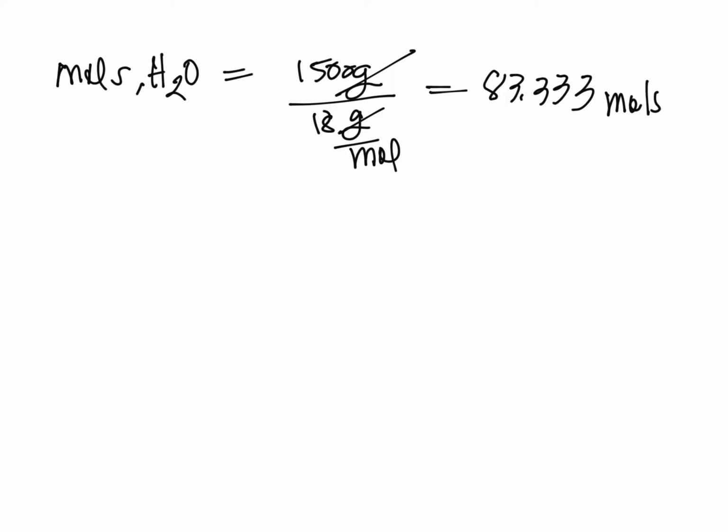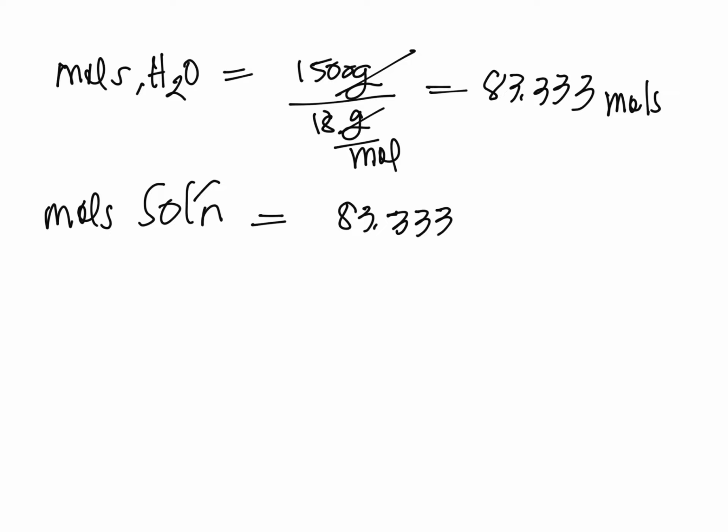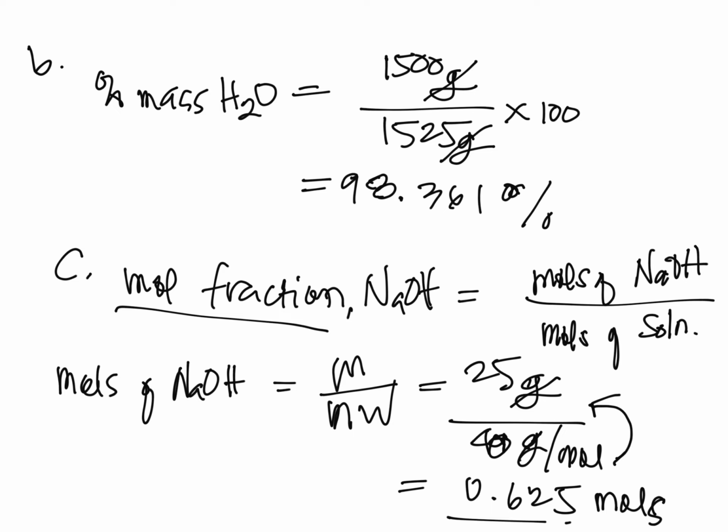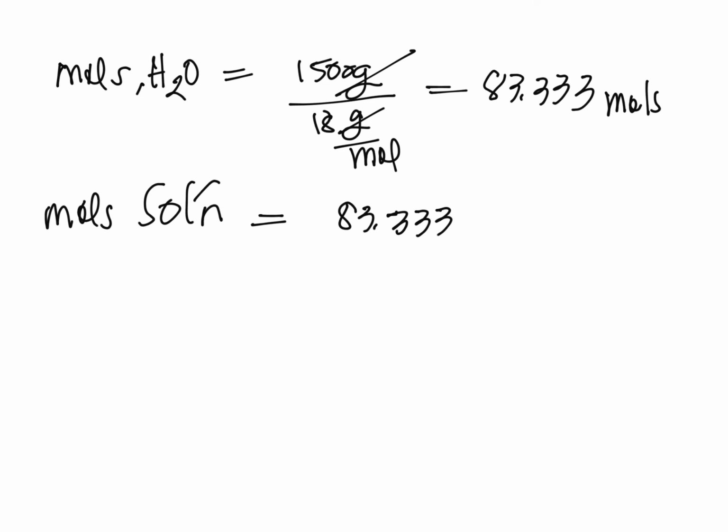Now you have the moles of water and then the moles of sodium hydroxide, which is your solvent and your solute. So we can now add it up to get the moles of the solution, which is 83.333 moles of the water plus the 0.625 moles for sodium hydroxide.